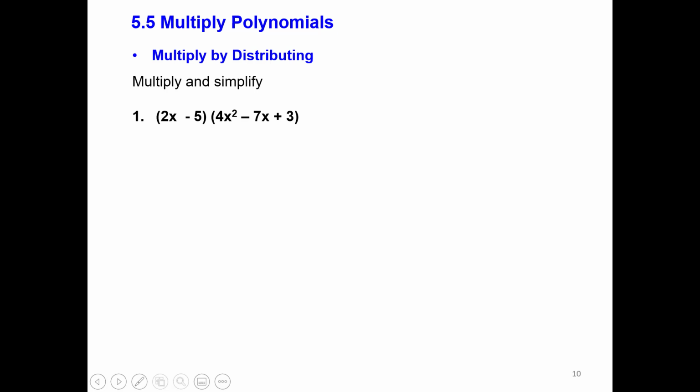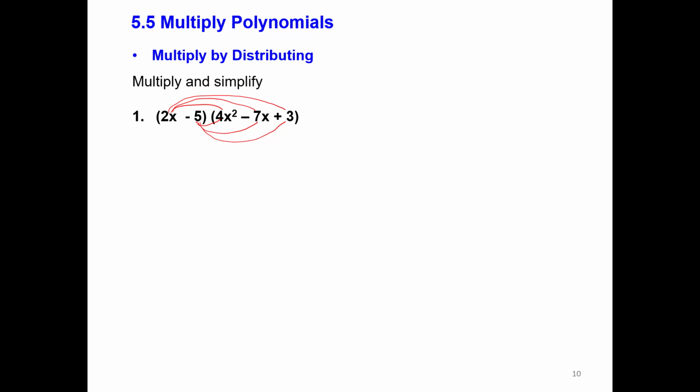We need to distribute the first term through the first parenthesis, and we need to distribute the second term through the second parenthesis. The same as we did before, but we need to distribute to the 3 terms in the second parenthesis. And let's multiply.